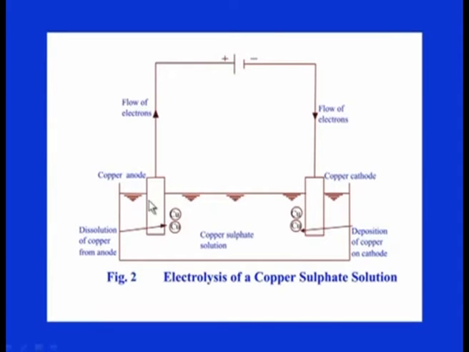And the selection of the electrode material is also very important. So, there should be a parity between the electrolyte used and the electrodes used. Therefore, in this copper sulphate solution, copper electrodes give the best result and accordingly selected.